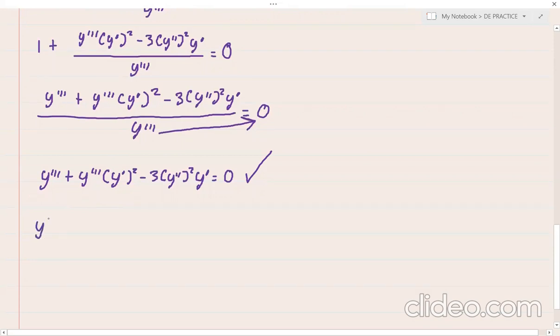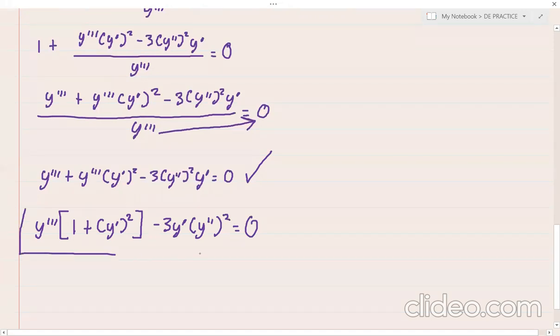So, pwede natin tong i-factor out. So, magiging quantity 1 plus the square of y prime. O, diba? Tapos, kopya na lang natin yung mga ibang terms. So, magiging 3 times y prime times quantity y second prime tapos squared. Ayan na. So, we can leave this as your final answer.